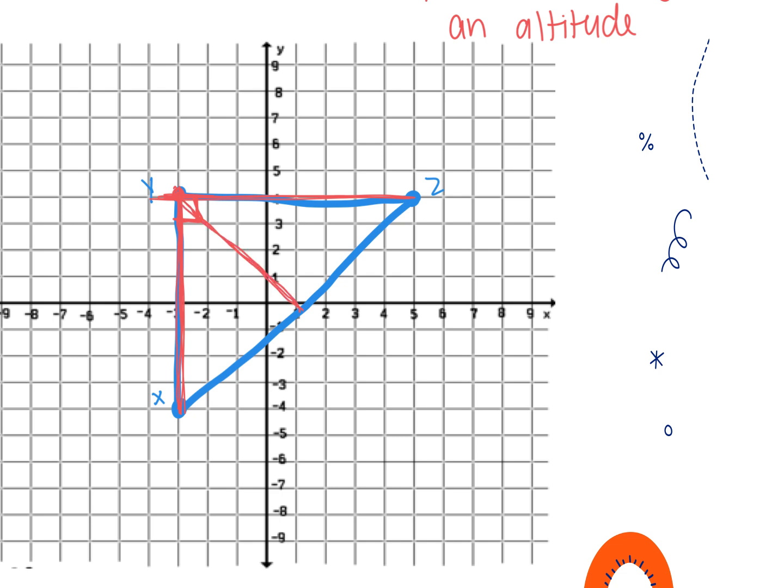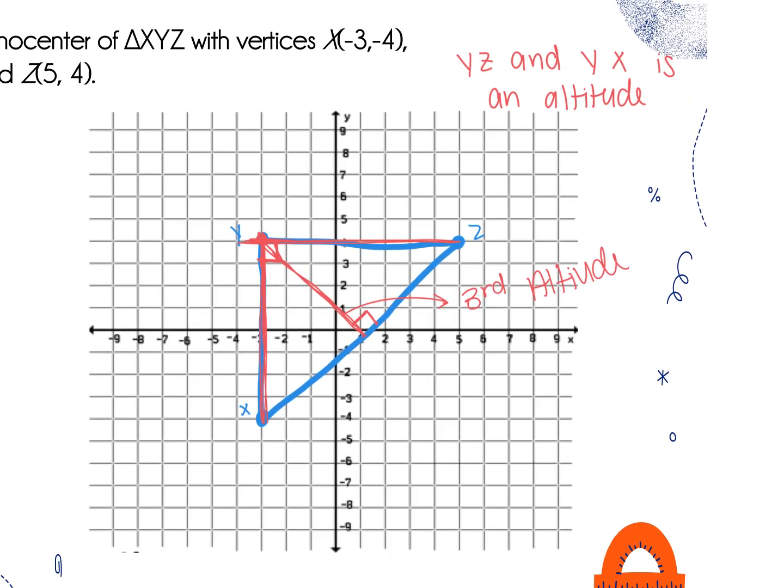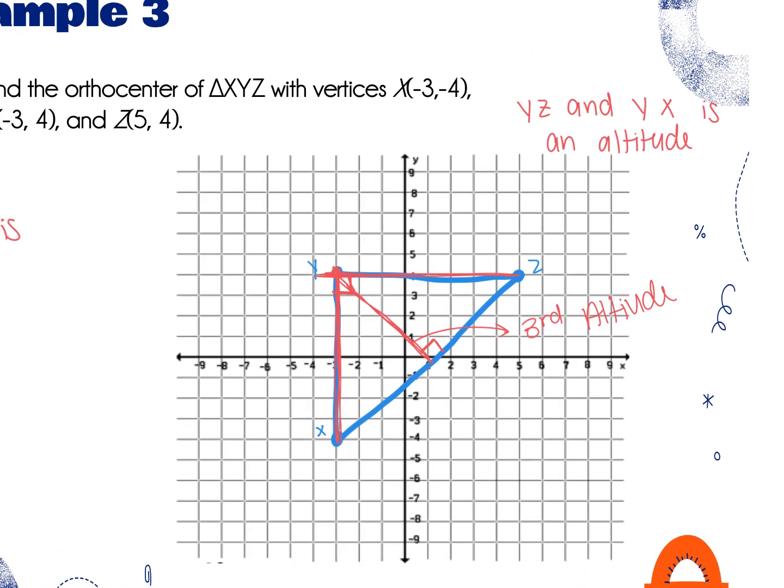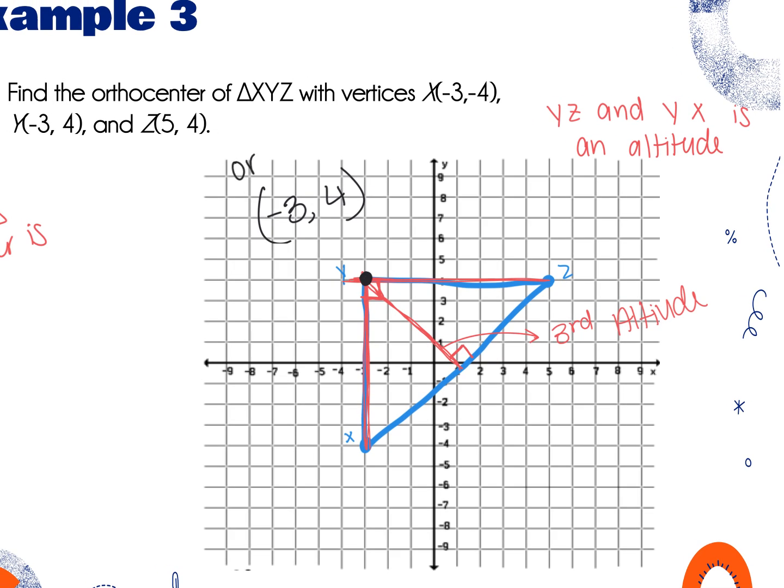I'm going down 1 over 1, down 1 over 1, and I'm stopping right here. So this red line is perpendicular, and this is my third altitude. Where do all of those altitudes intersect? They intersect right here on the vertex at -3, 4. So that is my orthocenter.